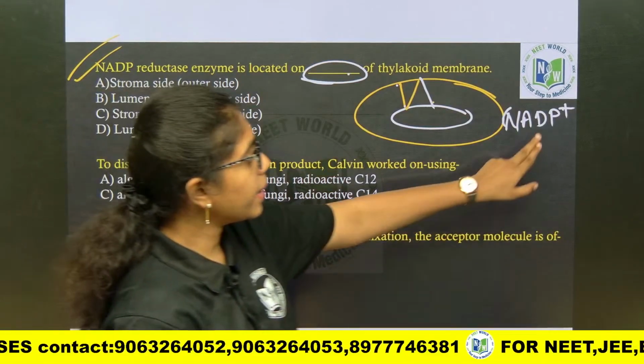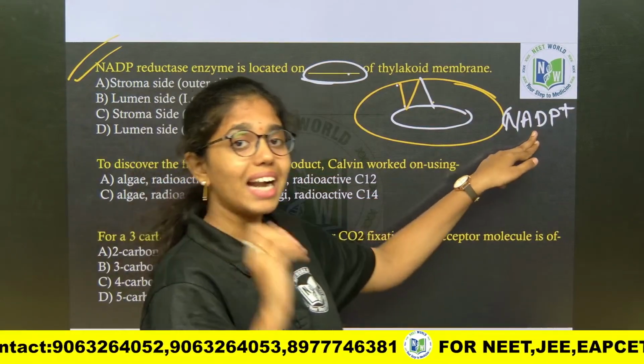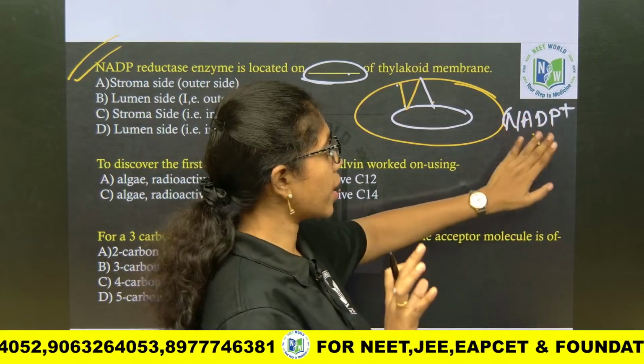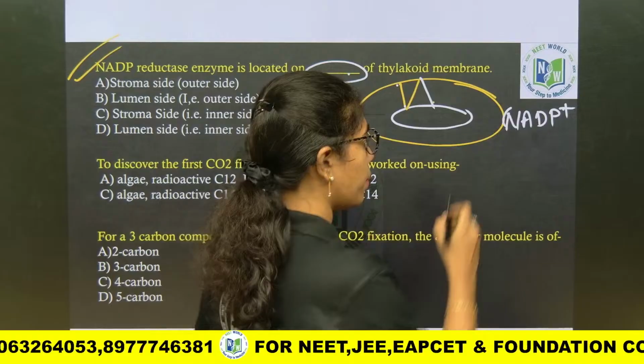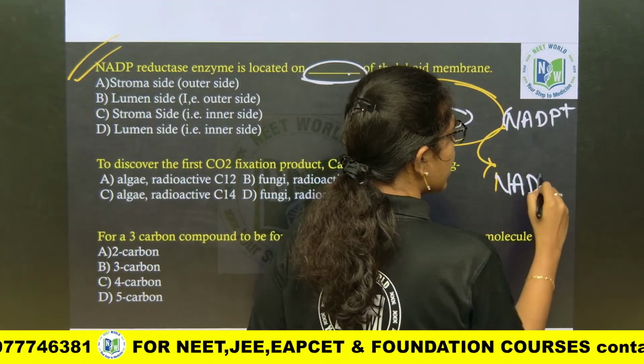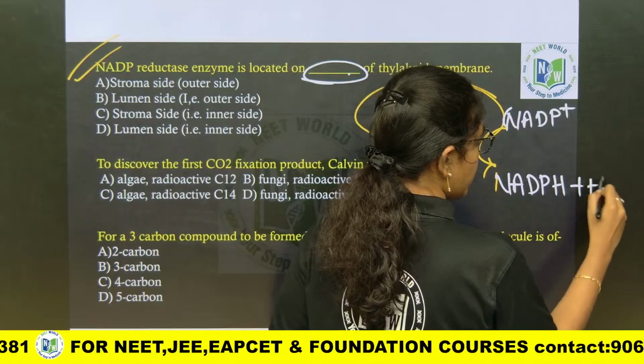Okay, NADP plus, which is the last or ultimate electron acceptor in ETS, that is located on the outer side of the thylakoid membrane, which gets reduced to NADPH plus H plus.